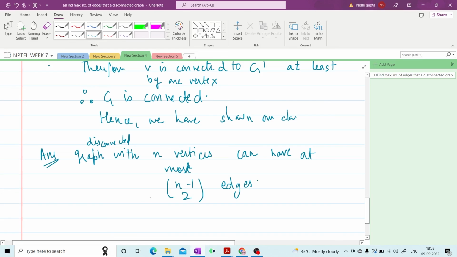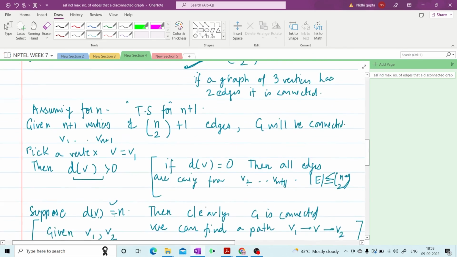And what is the example for such a graph? You take one vertex V1 to be isolated and the rest as K n minus 1. So this was your question.